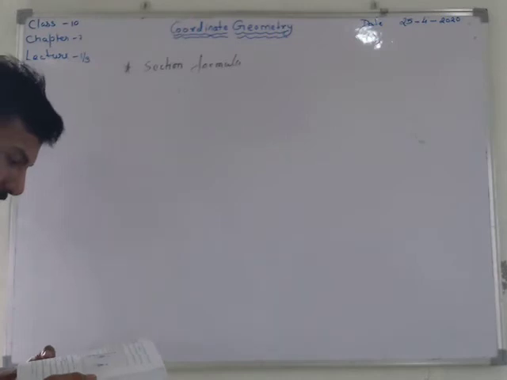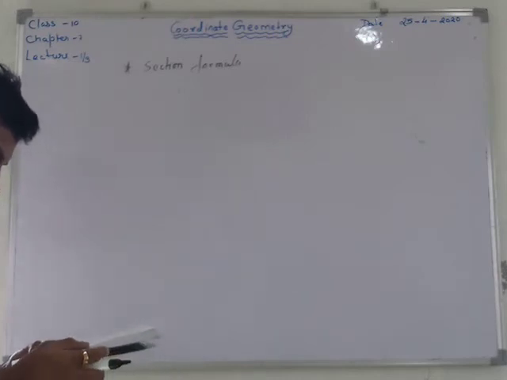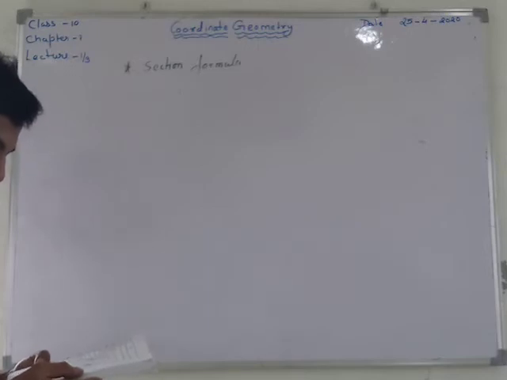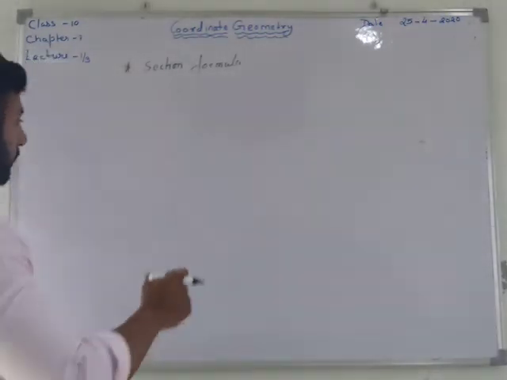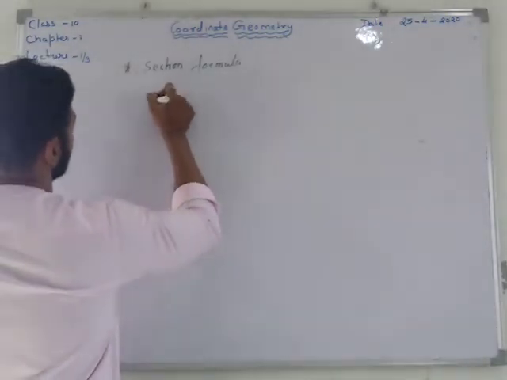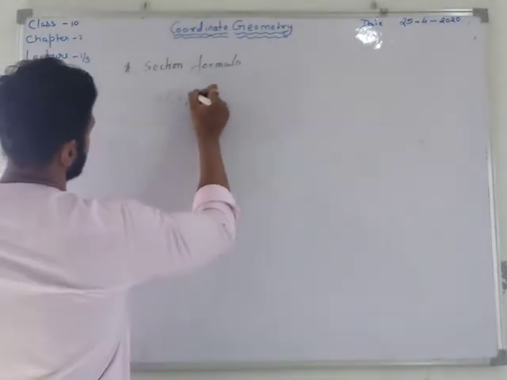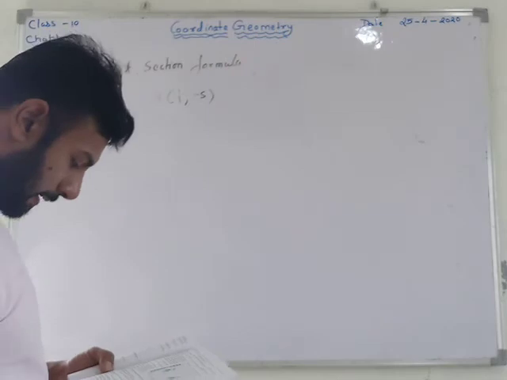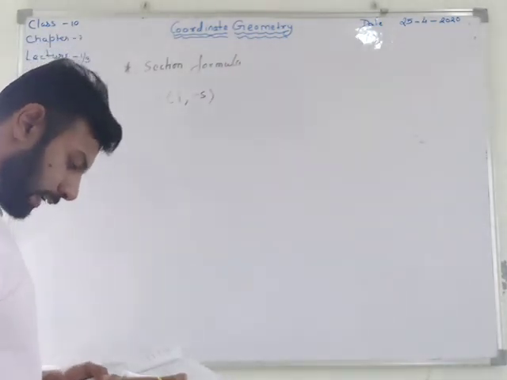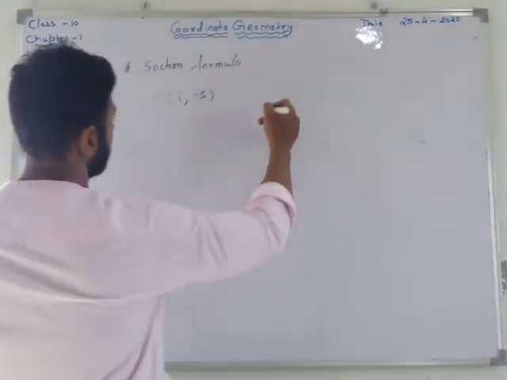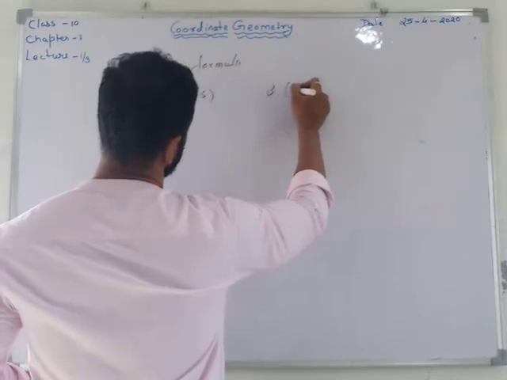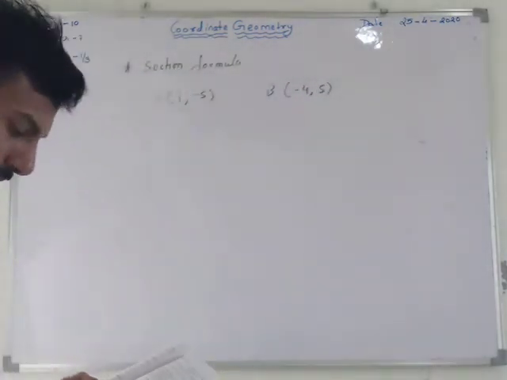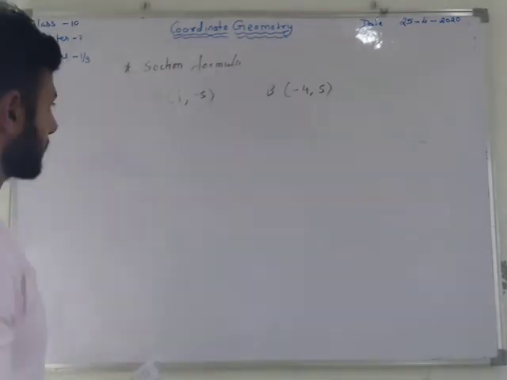The next question says: find the ratio in which the line segment joining point A (1, minus 5) and point B (minus 4, 5) is divided by the x-axis.